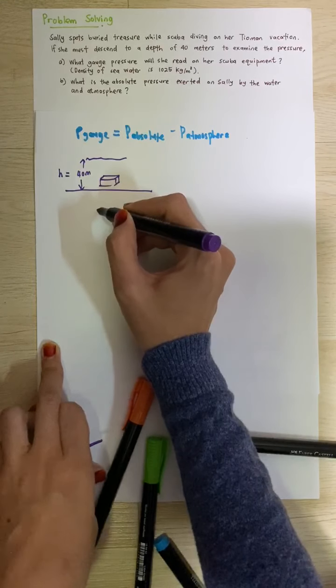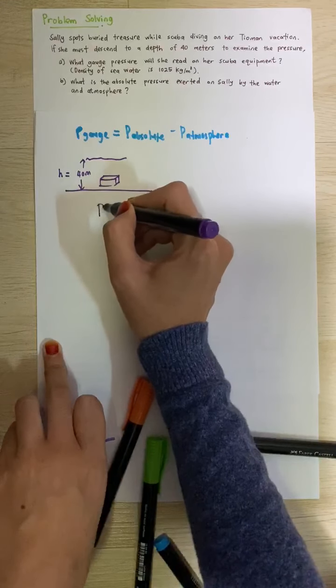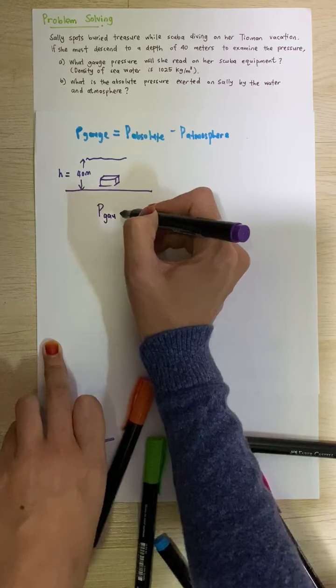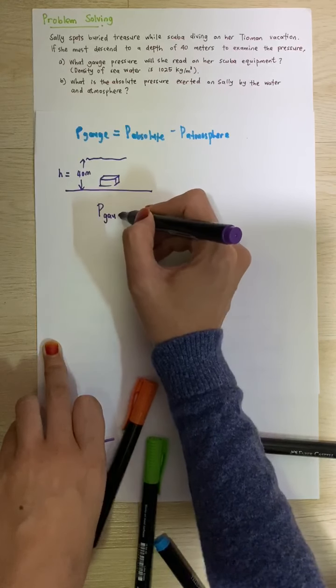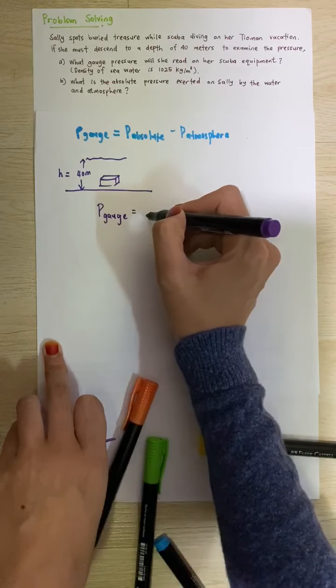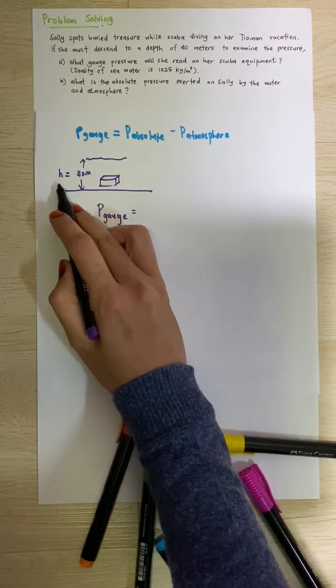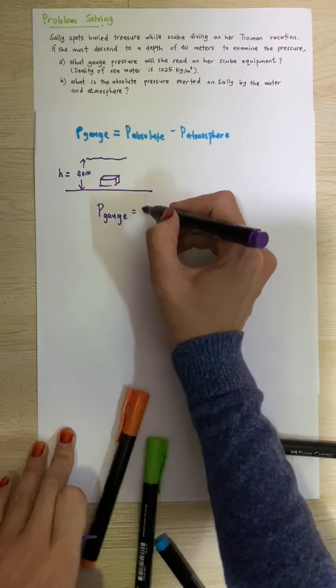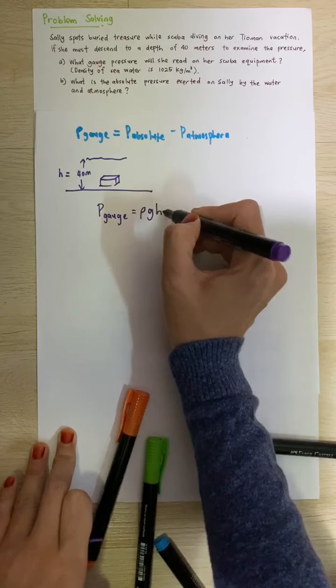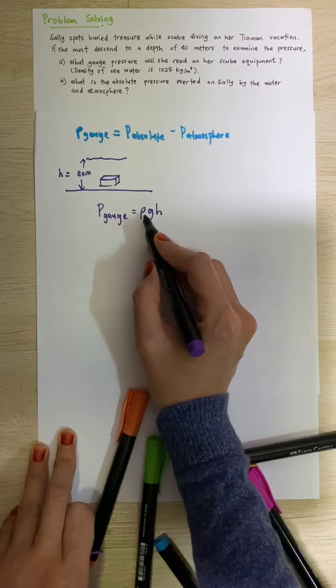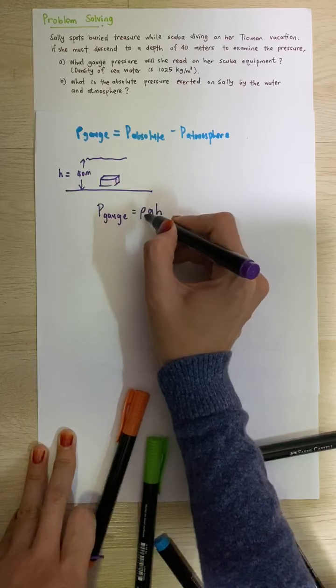So to find the gauge pressure, in general, when it is related to the height, we have the formula rho g h. In this case, rho here is the seawater density.